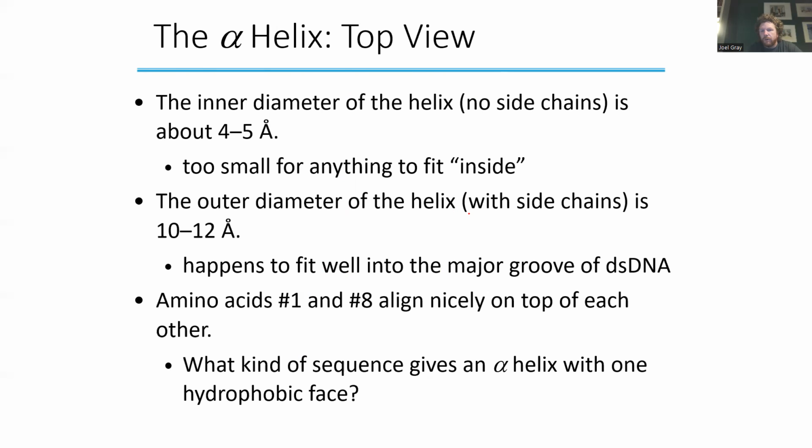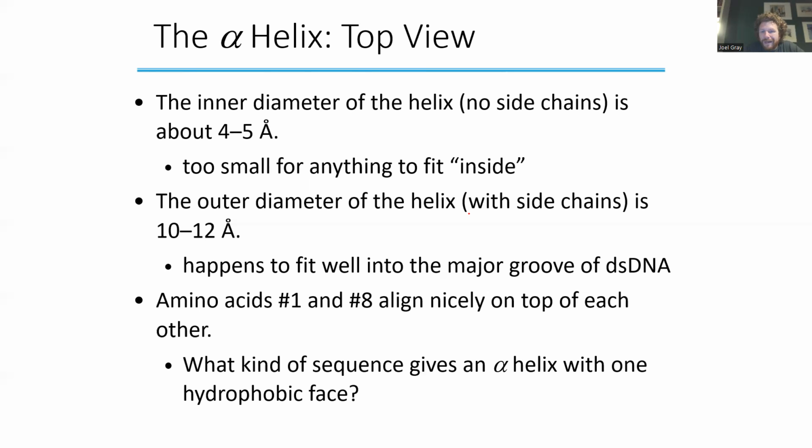The outer diameter of the helix with those side chains is approximately 10 to 12 angstroms. These happen to fit well in the major groove of double-stranded DNA. So an alpha helical protein is going to bind very well to structural parts of double-stranded DNA.